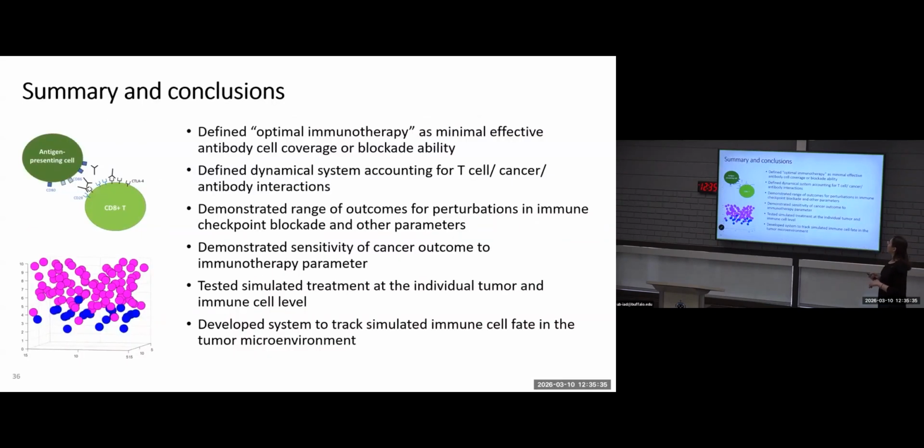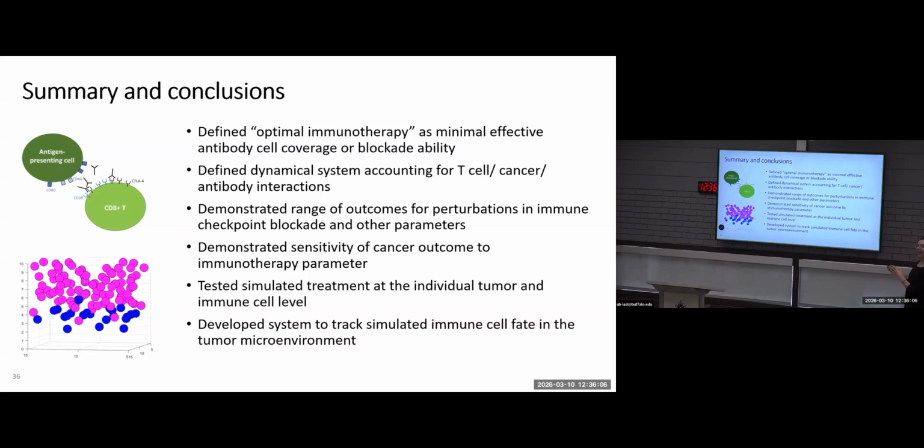So wrapping things up, so far we have defined a number of ways that we can consider optimal immunotherapy. What does optimizing a treatment mean? We've addressed this question through a dynamical systems approach, an agent-based model approach, a PDE approach, and done some sensitivity analysis to look at the robustness of T cell dependence on cell count, the properties of the antibody itself, as well as receptor coverage.